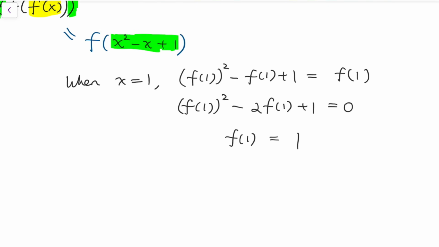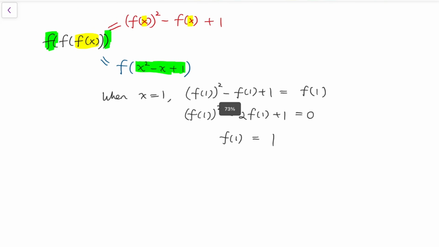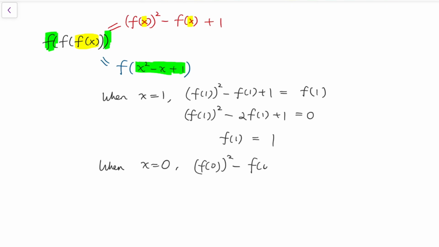And this is going to be very useful, because what we have to do is to solve for the value of f of 0. Why not try to put x equals 0, and then you will see how the fact that f of 1 equals 1 can help. Putting x equals 0, we can say f of f of 0 all squared minus f of f of 0 plus 1 equals f of f of 0 minus 0 plus 1.